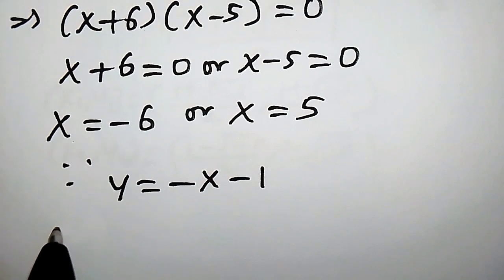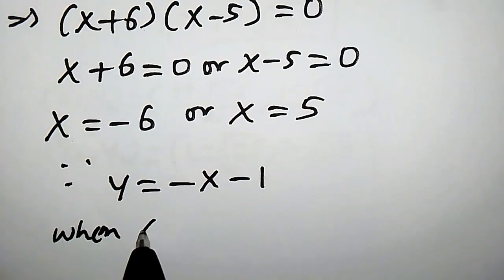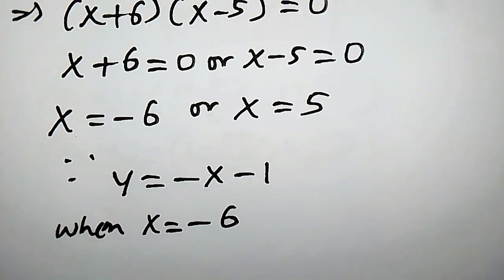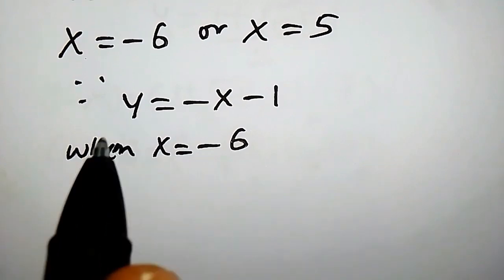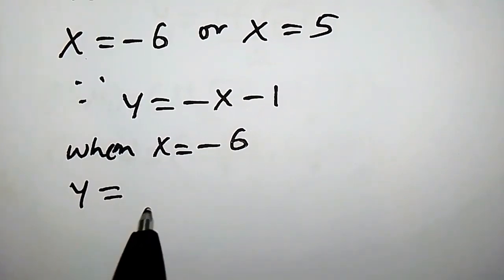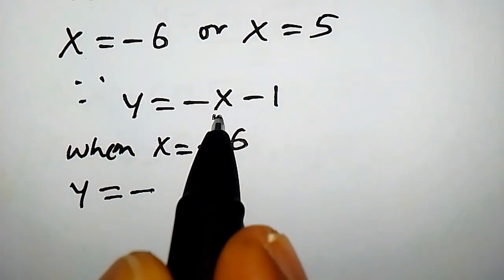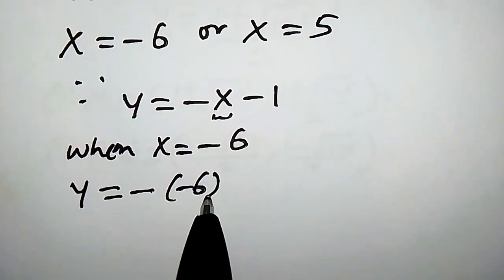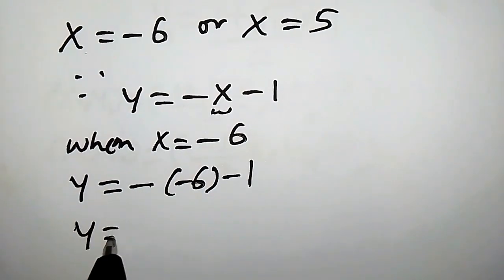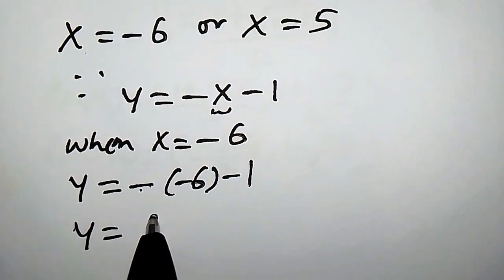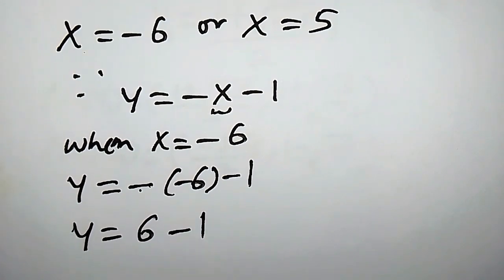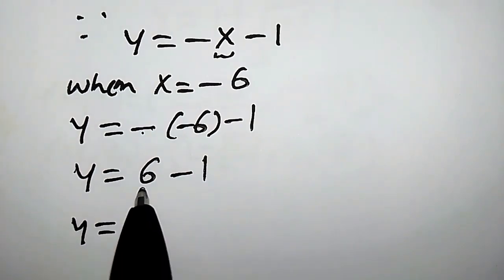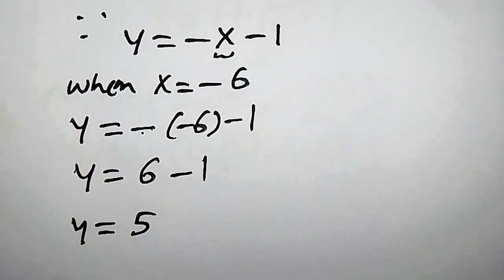Consider this first. When x is equal to minus 6, what will be the value of y? From this line, we have y equal to minus, what is x? x is minus 6, so we have minus (minus 6) minus 1. y equal to minus times minus 6, that is 6, minus 1. y is equal to 6 minus 1, that is 5.